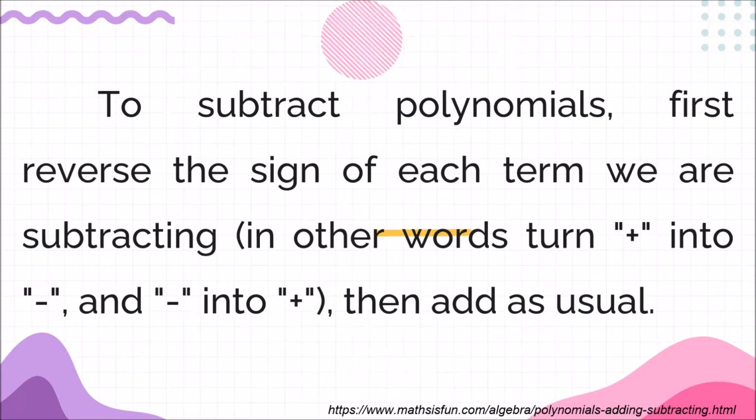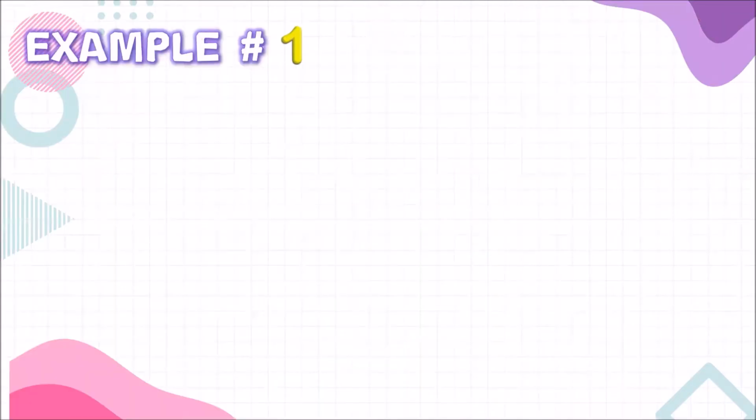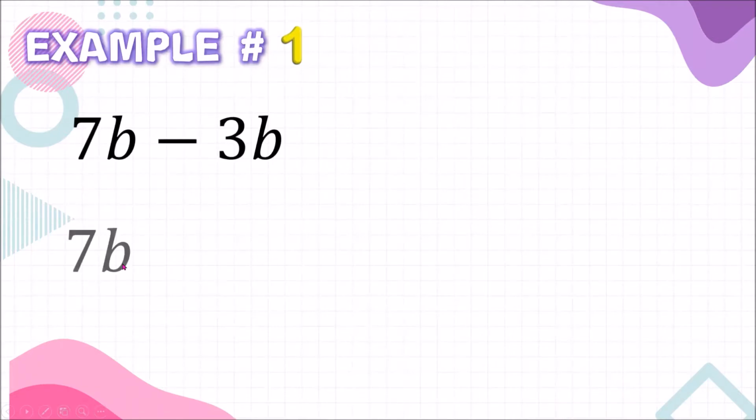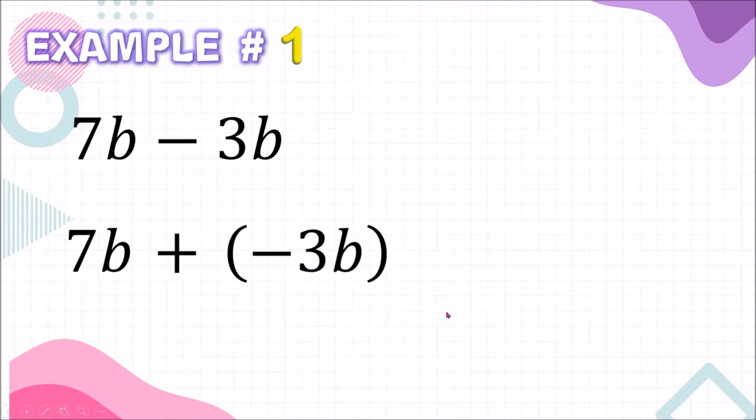So we need to change the sign of all the terms in the subtrahend and then proceed in addition. So for example, number 1, we have 7b minus 3b. So we have here 7b, just copy, and then 3b will become negative 3b, and then proceed in addition.